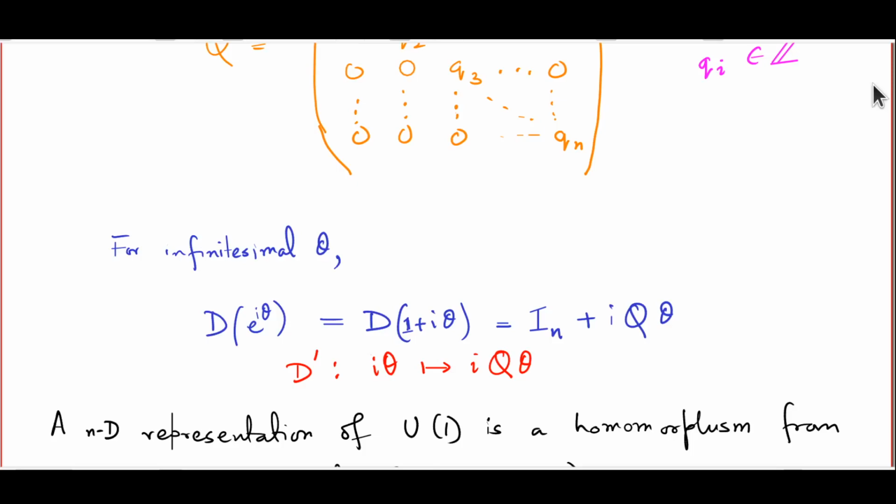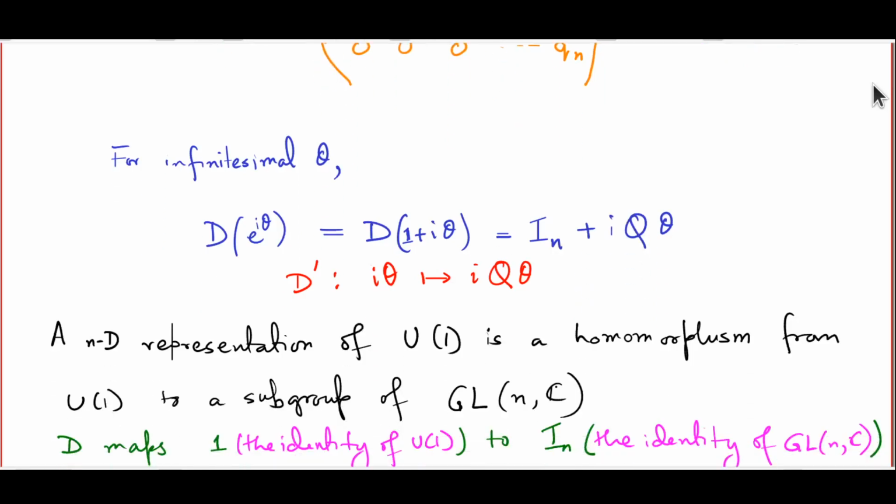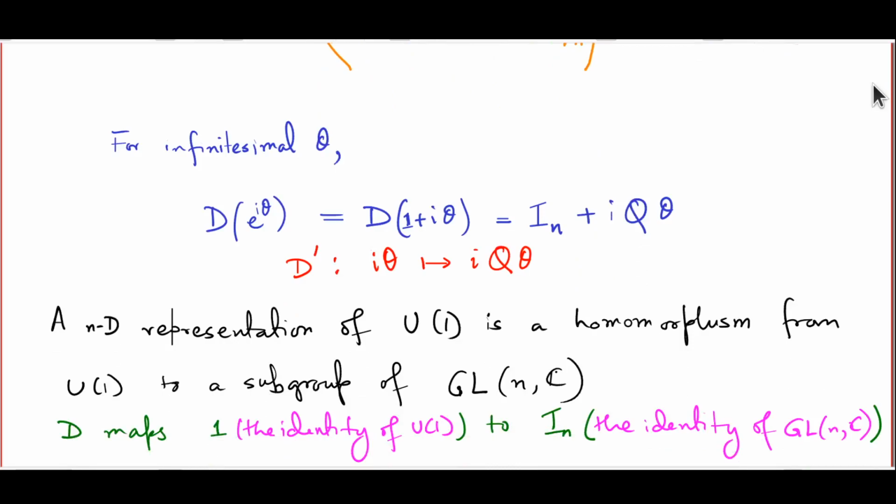Note that the n-dimensional representation of U1 is a homomorphism from U1 to a subgroup of GL(n,C). Here D, the representation, maps the identity of U1, namely the number 1, to I_n, the identity of GL(n,C). On the other hand, D prime talks about infinitesimal deviations from the identity.